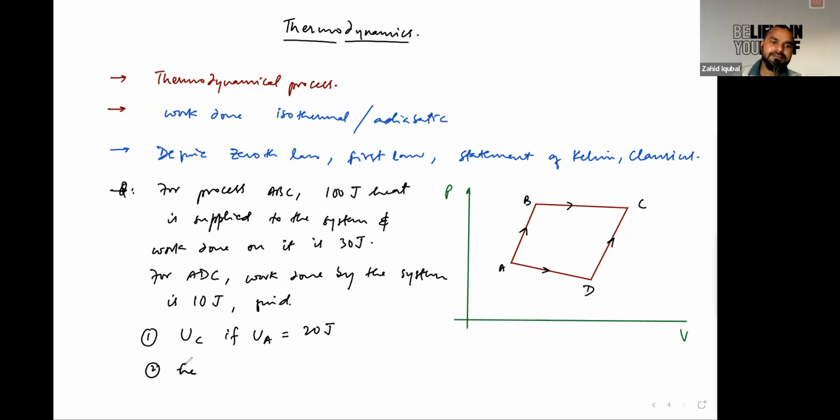Second, the heat supplied to the system in ADC. Try to solve, Samira.